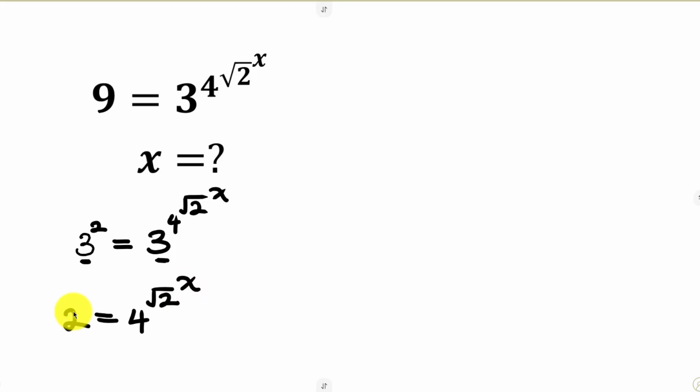Now we're still sticking to the left hand side. Well, 2 is the same as the square root of 4. I chose this because I see 4 here on the right hand side. So this is equal to 4 raised to the power of the square root of 2 raised to the power of x. And the square root of 4 is the same as writing 4 to the power of 1 over 2.